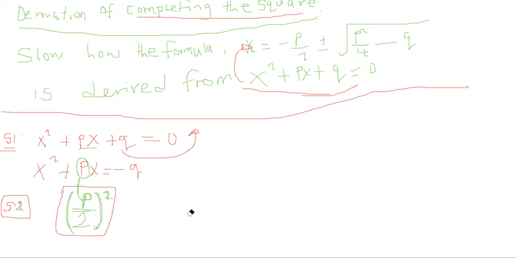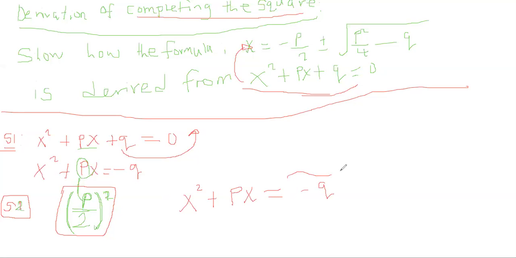Now we have this term, and we can bring the equation down here: x raised to the power of 2 plus px equals minus q.